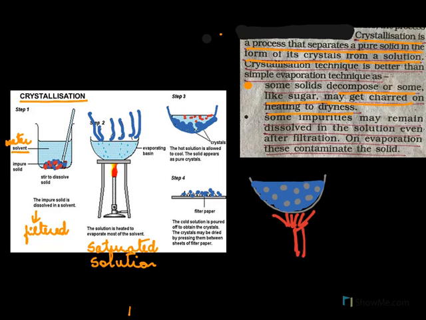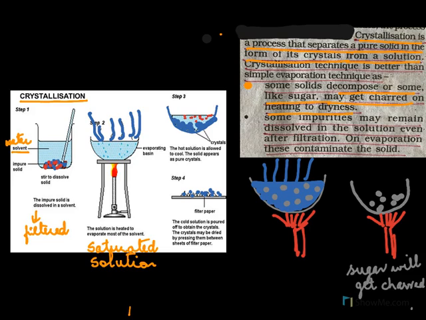And when I heat it, the water begins to evaporate out, leaving behind the sugar. But what if I continue heating and I don't stop heating the sugar? This sugar is going to get charred, it's going to get burnt.